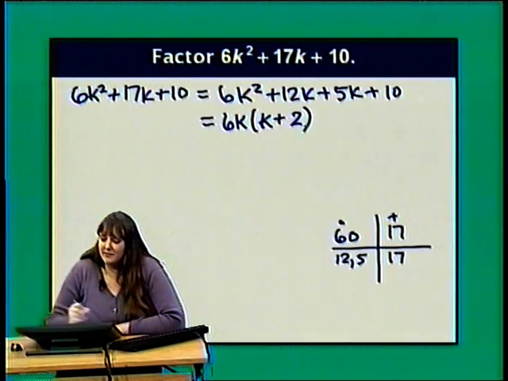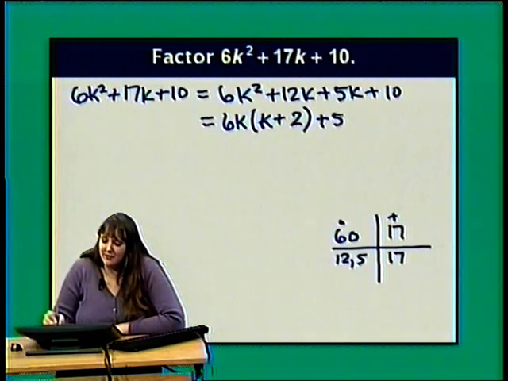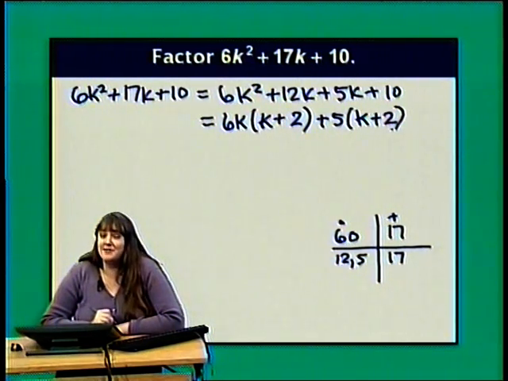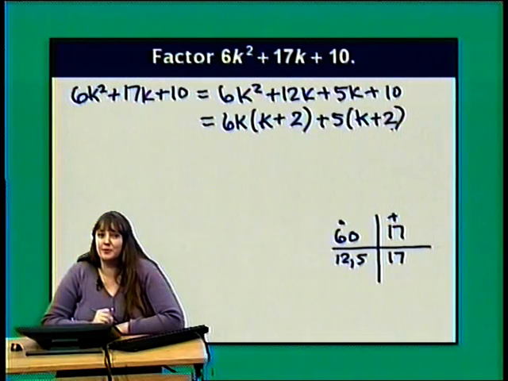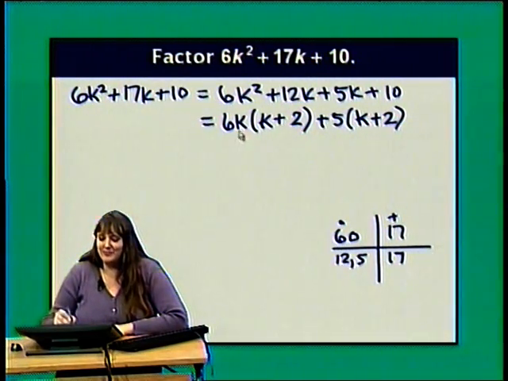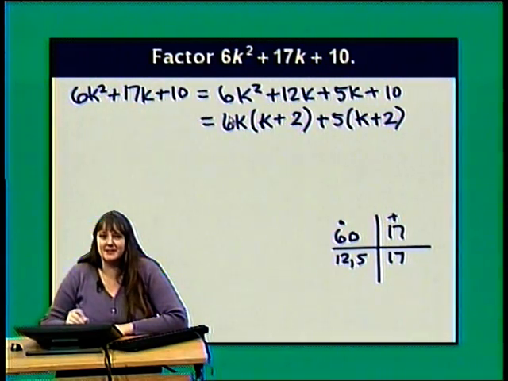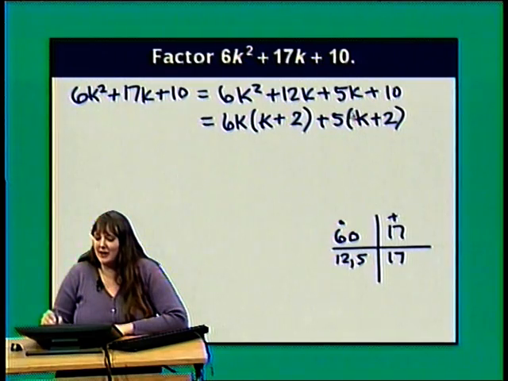5k and 10 have 5 in common. When I factor out a 5, I leave behind k plus 2. I have the same binomial factor in both terms. Let's make sure I did that correctly. 6k times k is 6k squared. 6k times 2 is 12k. 5 times k is 5k, and 5 times 2 is 10.